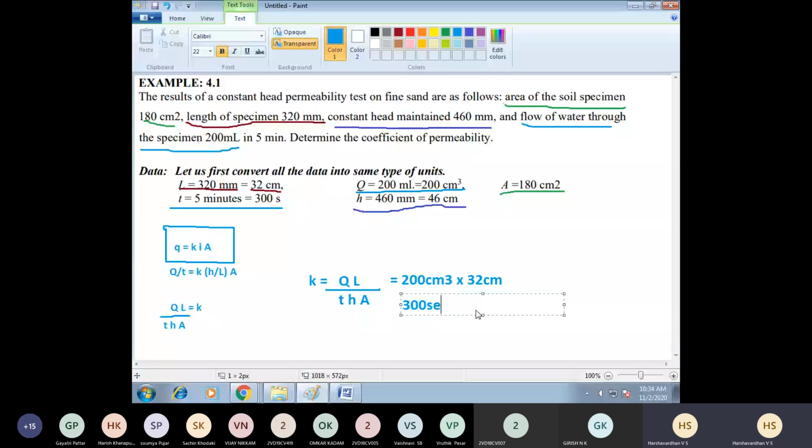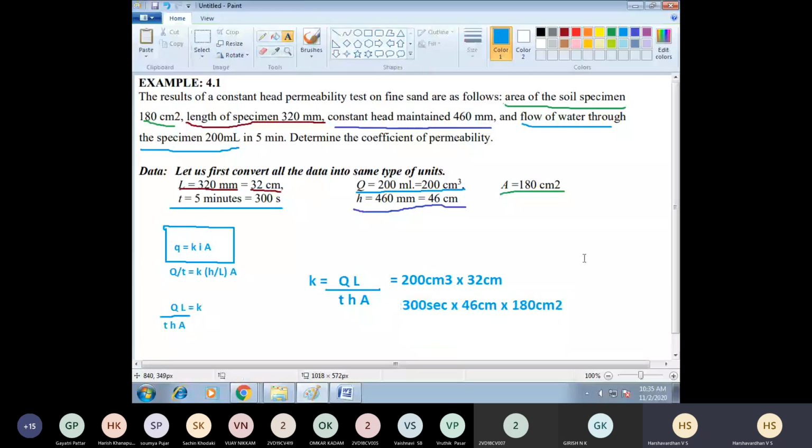H is the head, which is equal to 46 centimeter. And finally, we have A, that is 180 centimeter square. So please tell me what is the value of K.